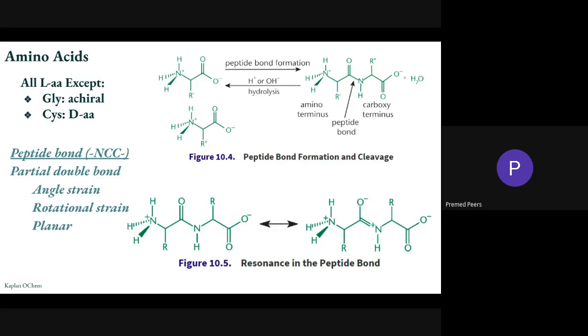So the only way to make it partial double means there's a resonance structure that occurs, and since there's double bond character, that means it's going to maintain some kind of planar structure. Remember sp2 hybridization is going to maintain some of the plane that is confining the geometry.